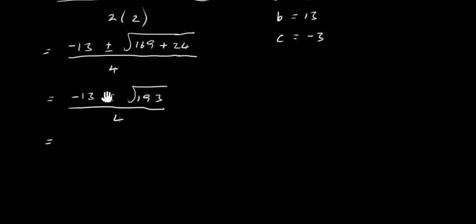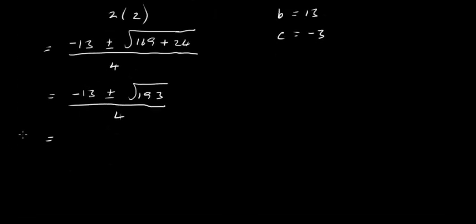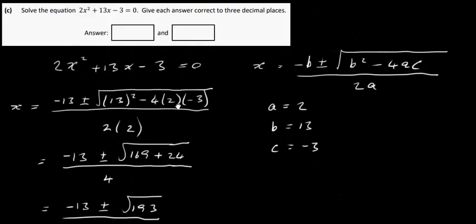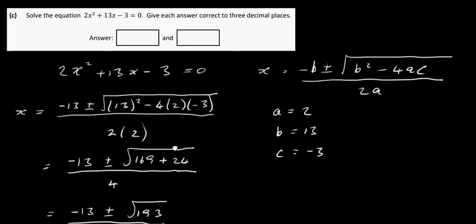Okay, now this here must mean then that x is equal to minus 13 plus the square root of 193 over 4, or x is equal to minus 13 minus the square root of 193 over 4. So again, this is just calculator work, so we've got to work this out to 3 decimal places.